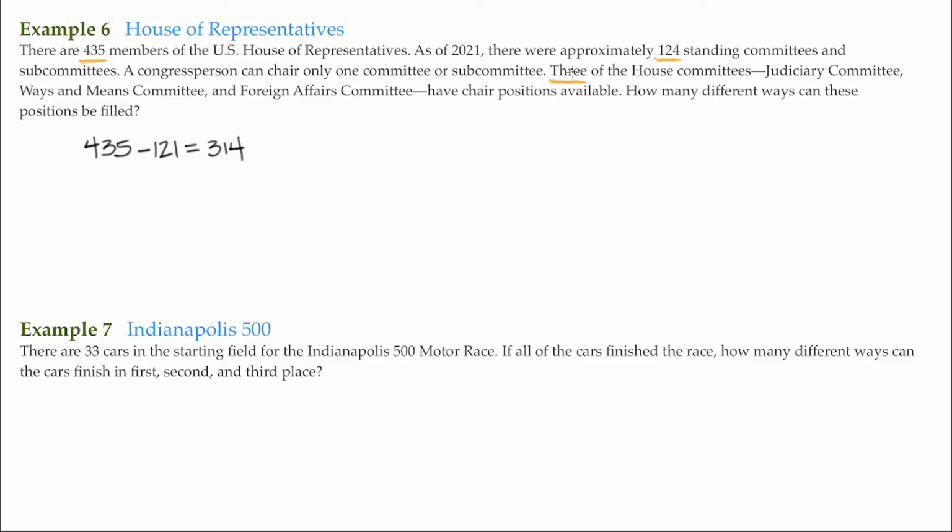So that can be written as 314 permute 3. Here's our factorial, 314, and we're going to stop counting down after 3 positions. That can be written as 314 factorial over 314 minus 3 factorial.